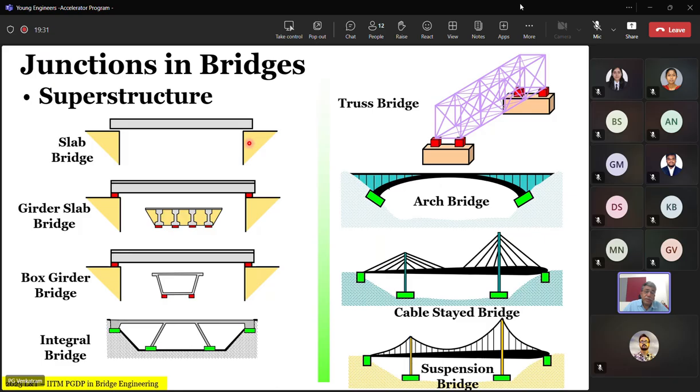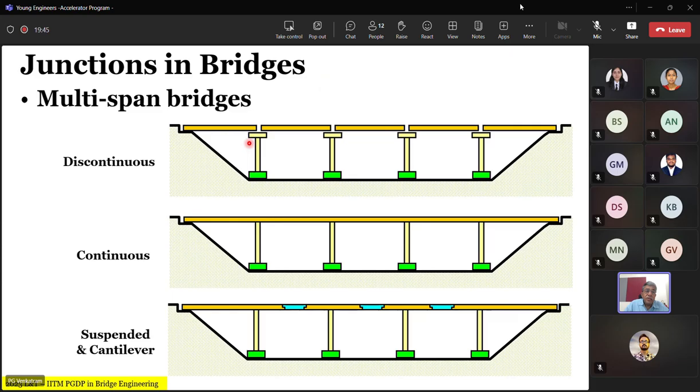And what is the purpose of these junctions? What role do they play in the behavior, load transfer, or otherwise of a bridge structure? So we can have a junction when we have a multi-span. We can have a discontinuous deck, so there is no junction between deck and deck.